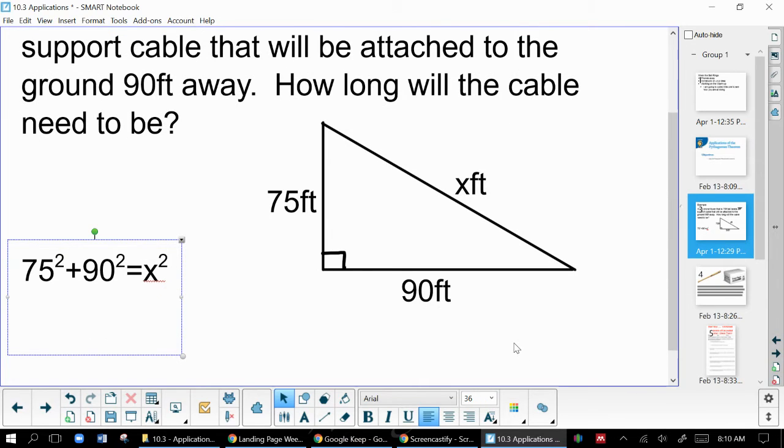This is the part where, once you've got the picture of the triangle, you're back to the very first thing you did in this chapter, which is just learning how to use the Pythagorean theorem. So 75 squared, get out a calculator. Definitely don't do this in your head because I can't do that in my head. 75 times 75 is 5,625. 90 times 90 is 8,100 equals x squared.